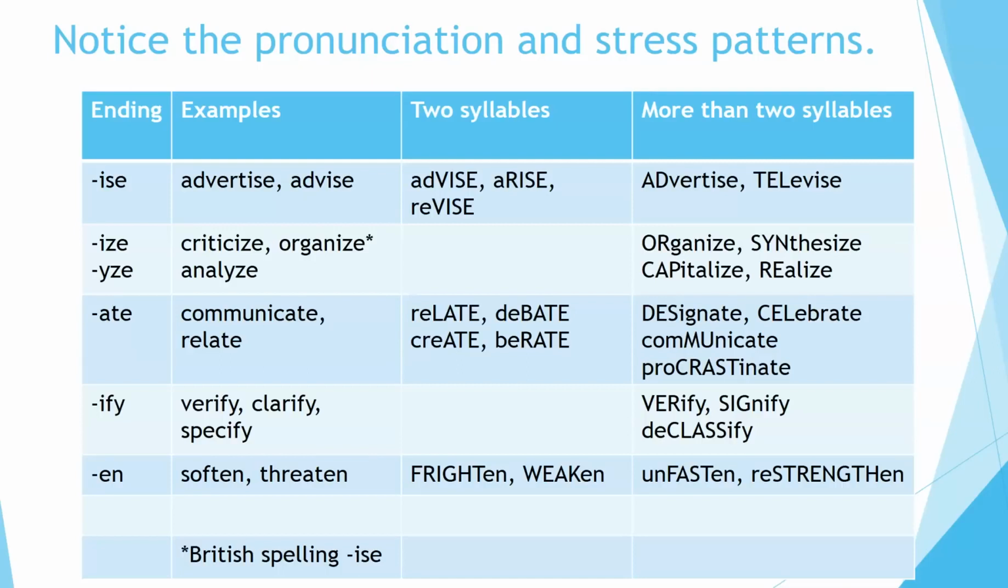In this case, if there are two syllables, the first syllable is emphasized: frighten, weaken. For more than two syllables, the syllable right before the ending is stressed: unfasten, re-strengthen.